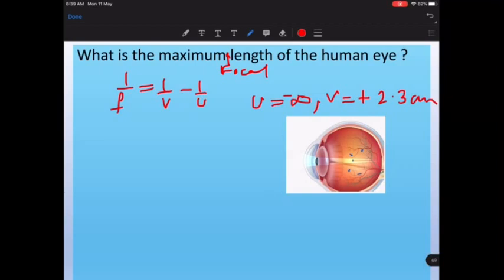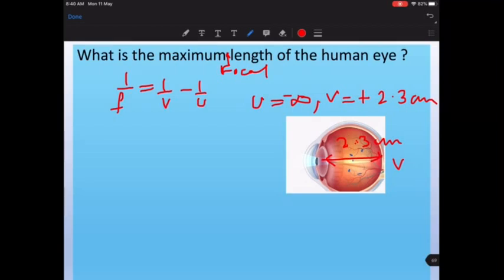So we know our v, which is 2.3 centimeter, and we know our u, which is minus infinity, because minus infinity is the maximum distance that we want to see, so as to calculate the maximum focal length. If we substitute these two values in the given equation, we get 1 upon plus 2.3 minus 1 upon infinity.